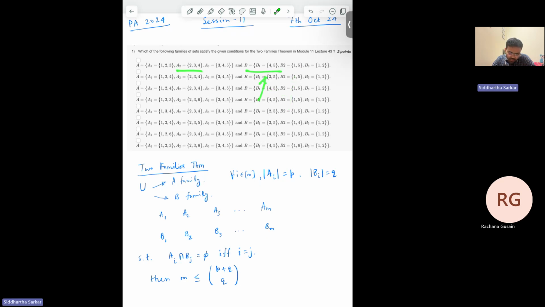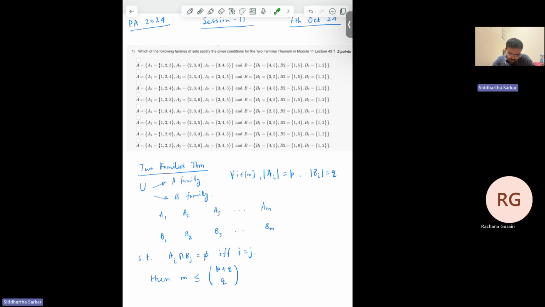There is a common element 4, so A2 intersection B1 is 4 and therefore not empty. Now A2 and B3: B3 is 1, 2 and A2 is 2, 3, 4, so 2 is common and A2 intersection B3 is non-empty. All right, so far so good.